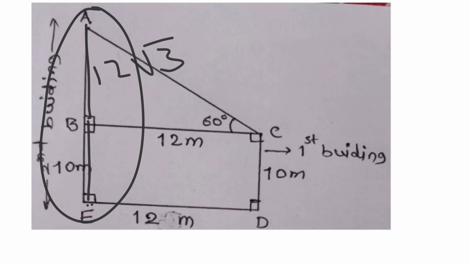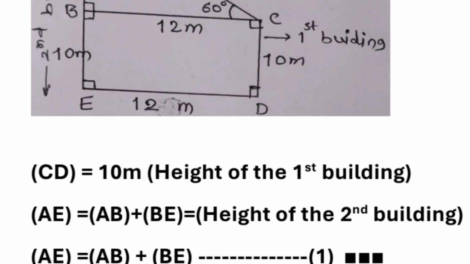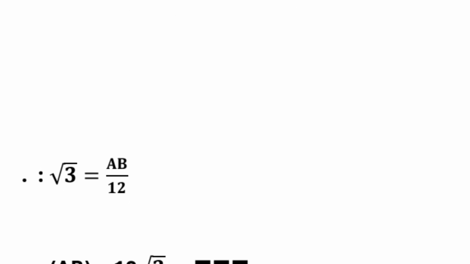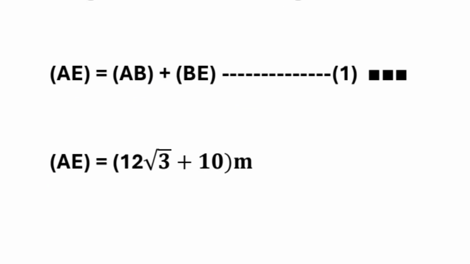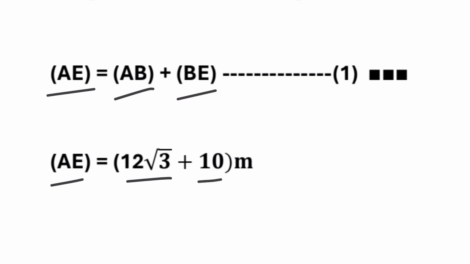Therefore AE is equal to 12 root 3 plus 10 meter. Therefore the height of the second building AE is equal to 12 root 3 plus 10 meter.